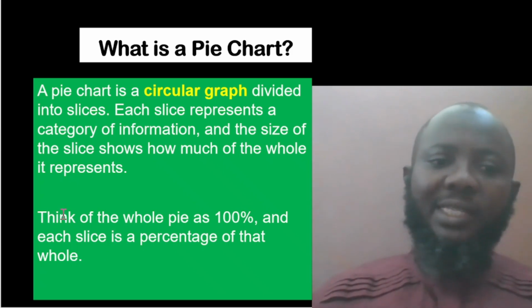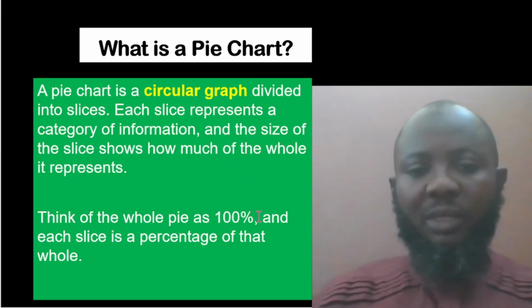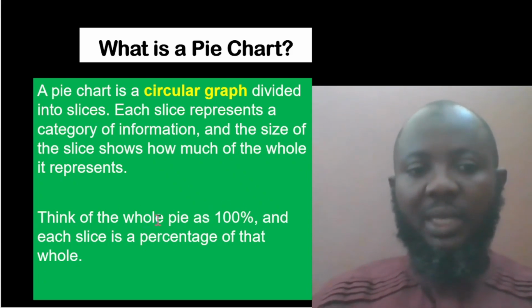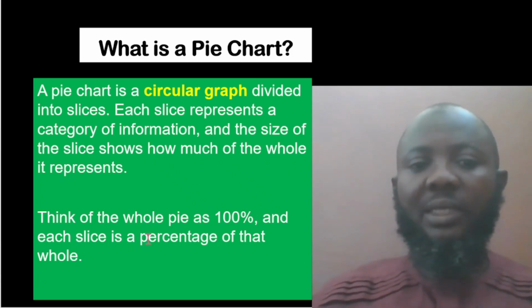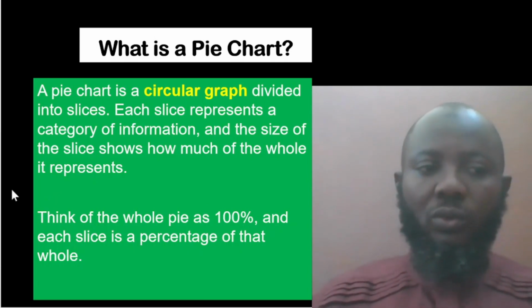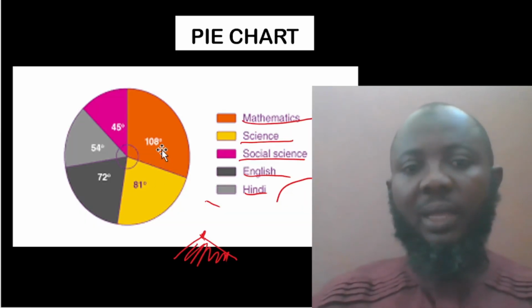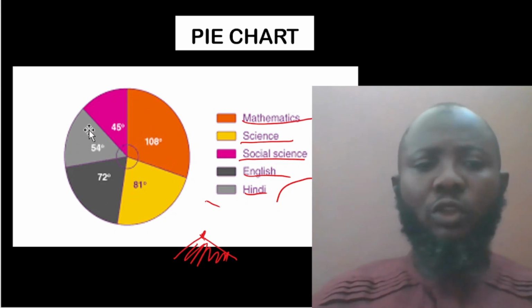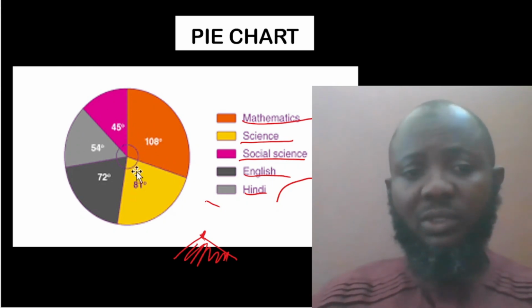So now let's think of a whole pie as 100%, and each slice is a percentage of that whole. Each of these is a percentage of the whole circle. But if you want to draw it, sometimes this is given in degrees.